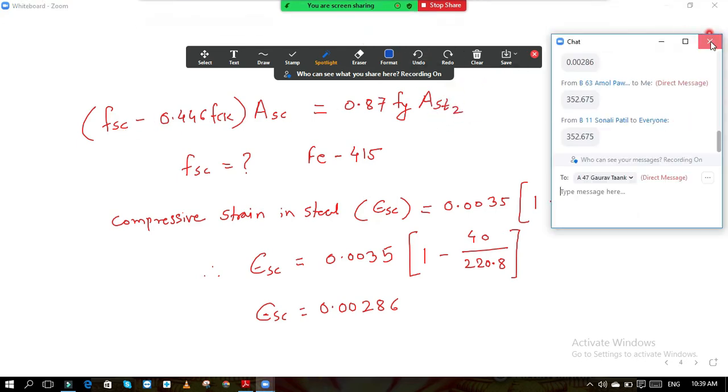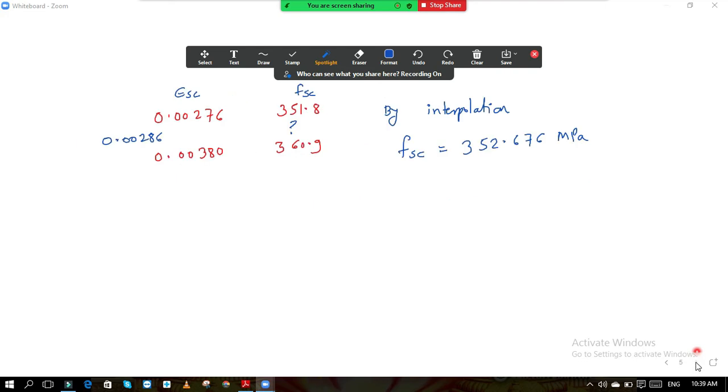So now moving further, I will write the equation once again for your understanding. FSC minus 0.446 FCK, into ASC, is equal to 0.87 Fy into AST2.